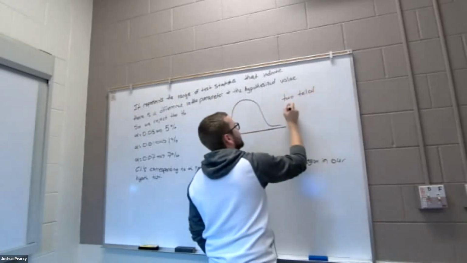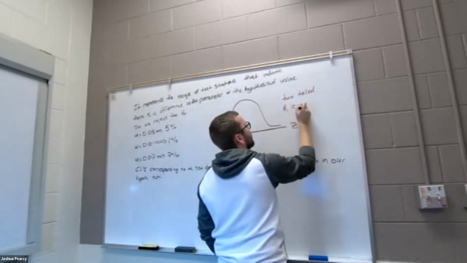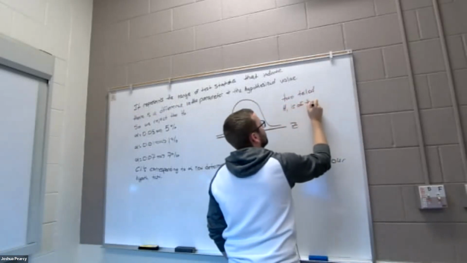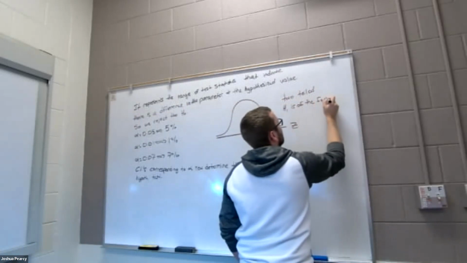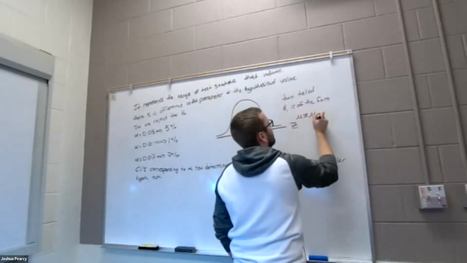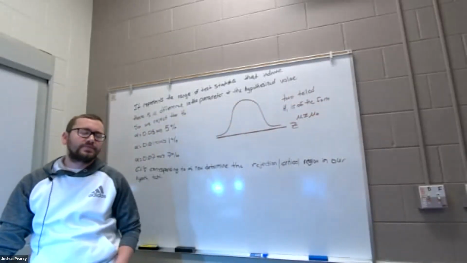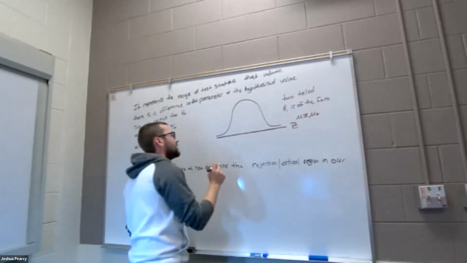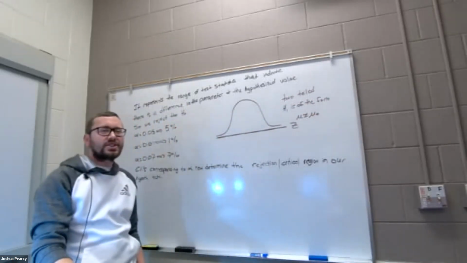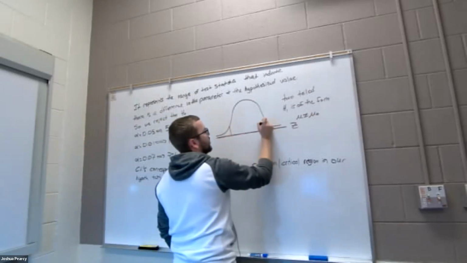So two-tailed, that means the alternative is of the form mu does not equal mu naught for some hypothesized value of mu naught. And that means we're going to have two rejection regions. We'll have one down here and one up here.